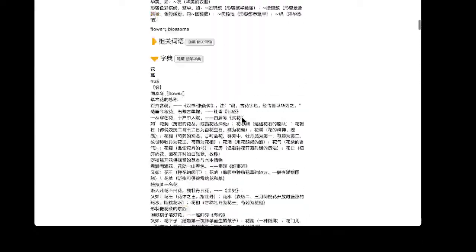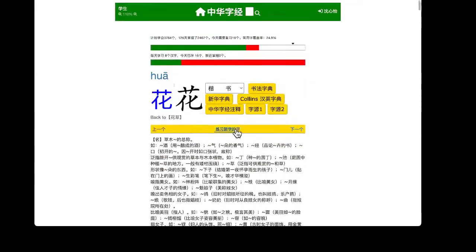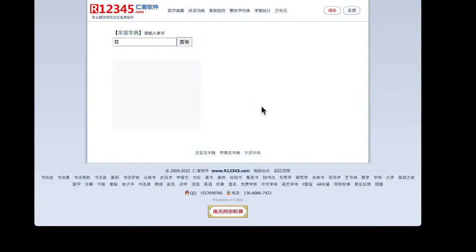Whoever they feel is handsome or beautiful, they will just go with that person. Okay, so this 花 has a lot of uses. That's why this dictionary has a lot of content over here. Okay, let's take a look at the character.